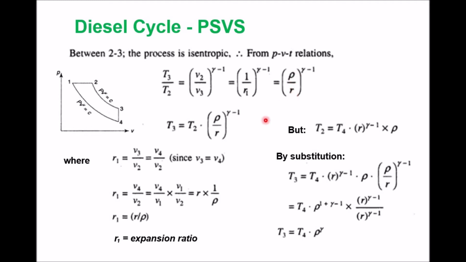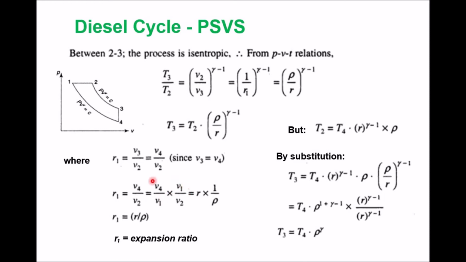So why is that? From this equation, we have r1 equal to V4 over V2. If you expand this, V4 over V2 is also equal to V4 divided by V1 multiplied by V1 divided by V2, because V1 will only cancel.